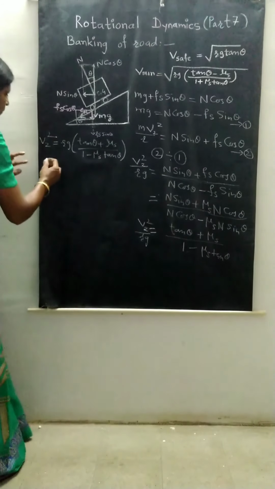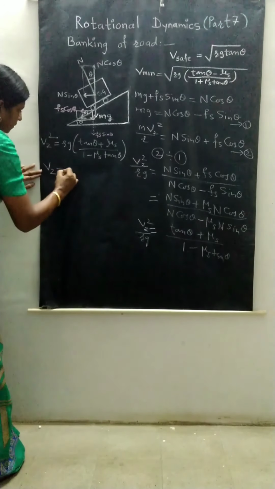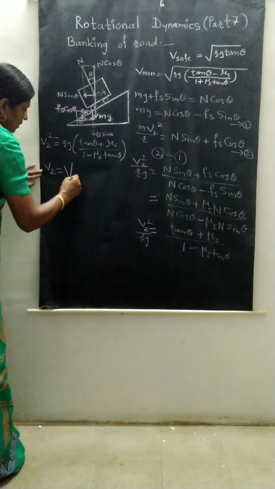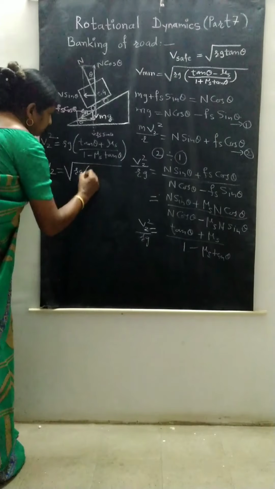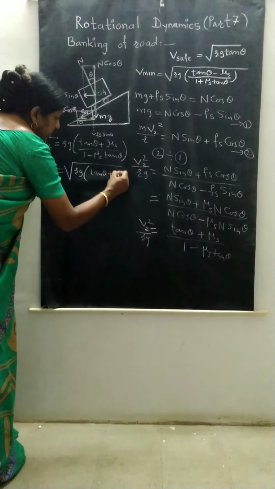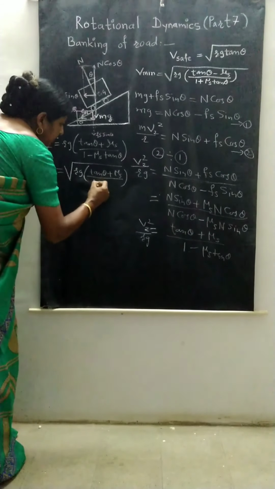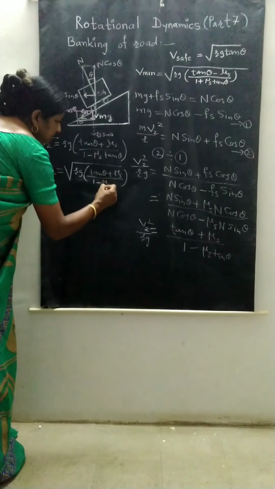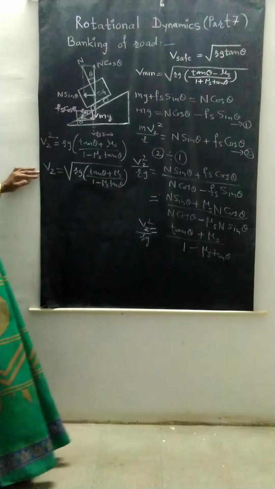Now we shall take square root of this to get V2. V2 is equal to under root of Rg in bracket tan theta plus mu s divided by 1 minus mu s tan theta.